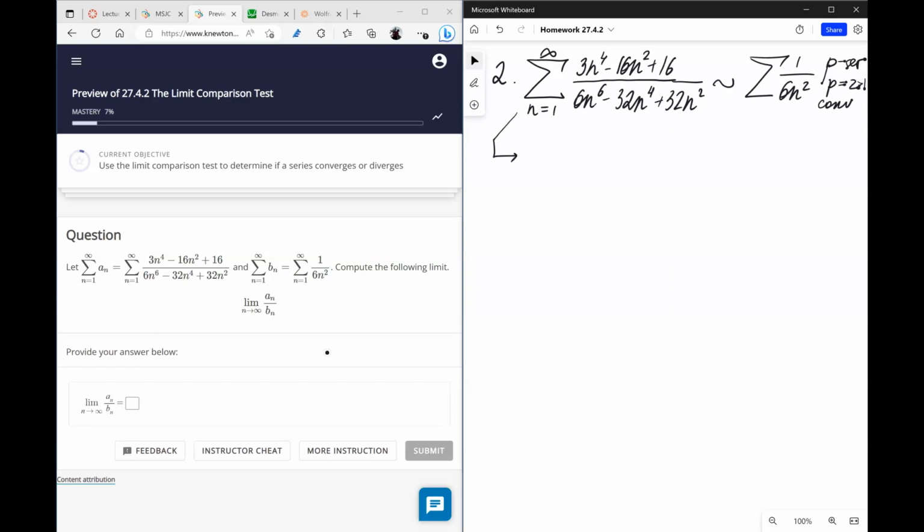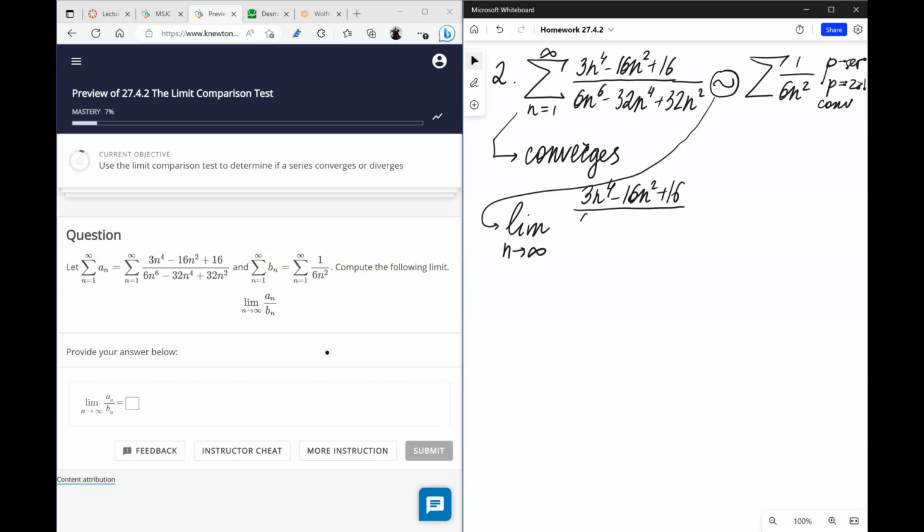So as soon as we establish this fact, we would conclude that this original series converges by the limit comparison test. Now, how do we establish this? We establish this by finding the limit of the general term of the original series divided by the general term of the series against which we're making the comparison.